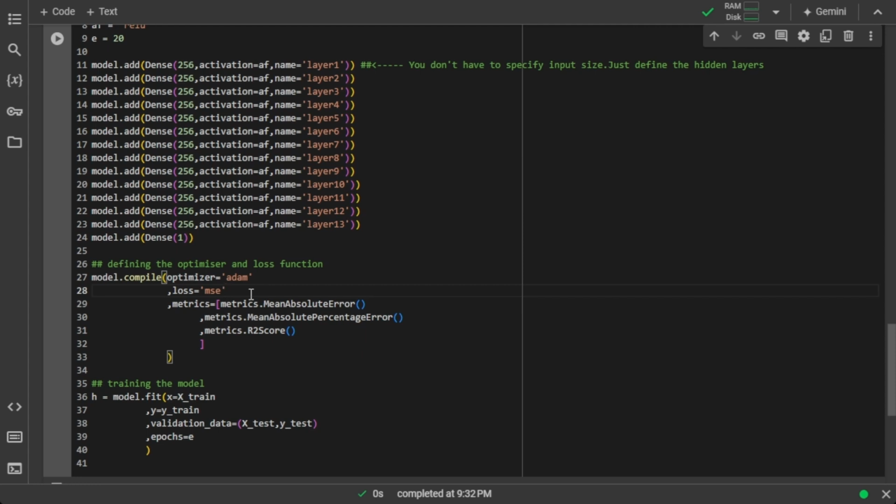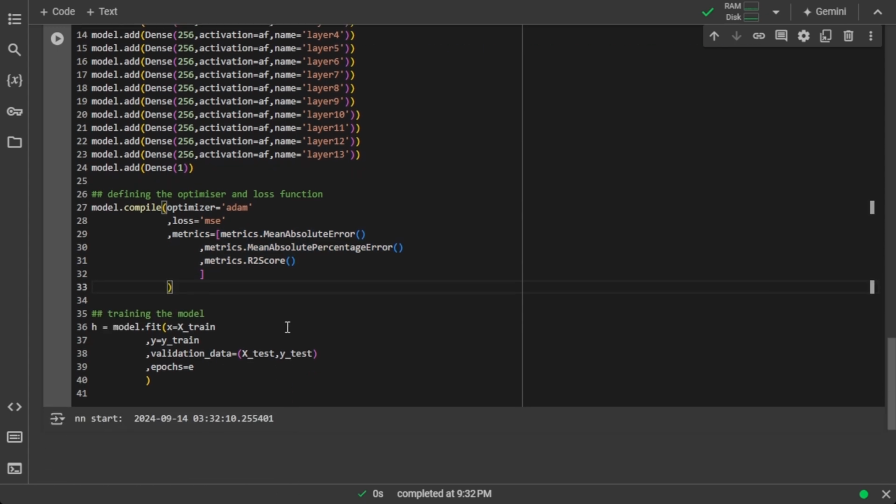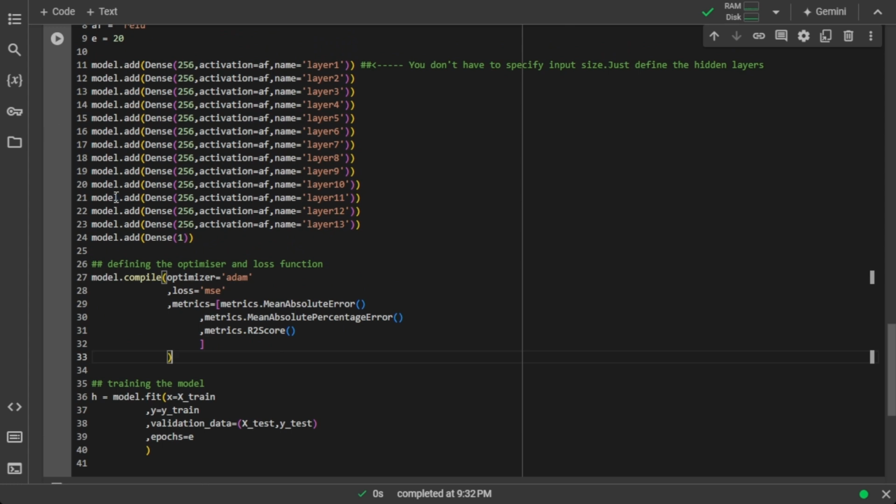So the loss will tell you what method it's going to use to improve itself. In this case, we're telling it to measure your performance in mean squared error, and then improve yourself based on that metric, right? And then these metrics here are just metrics that I've chosen for the output, so that I can see how the model's behaving.